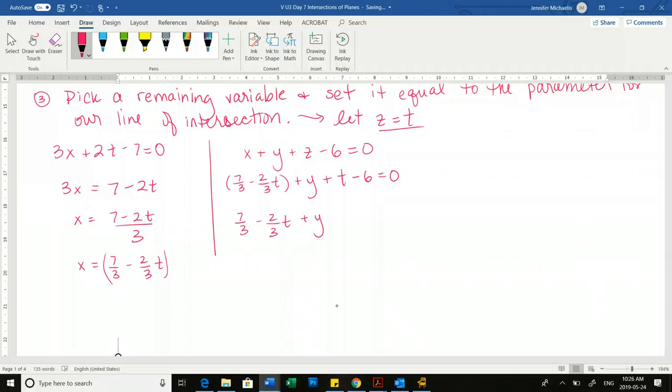So I'm going to make this 3 over 3t and negative 18 over 3, so we can add the coefficients of those t's and add the constants together. I think we're getting 1/3 t, and we're getting negative 11 over 3.